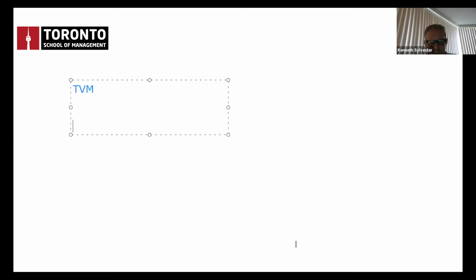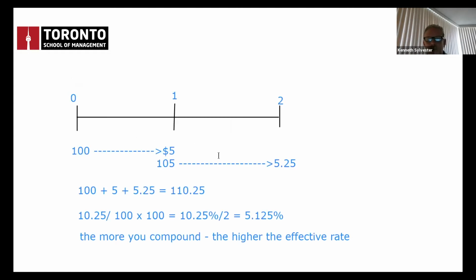I'm going to show you a formula that makes calculating compounding easier. Why? Because this is only for 2 years, but what happens if I invested for 20 years or 30 years? I can't keep doing this equation over and over 20 times, okay?